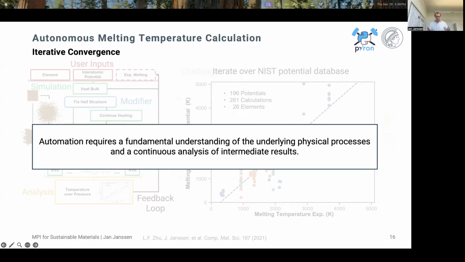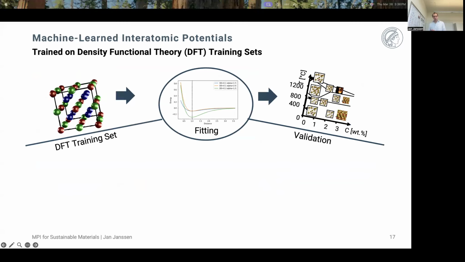work with. Now moving beyond just the classical interatomic potentials towards the machine learning interatomic potentials. The idea here is that we use quantum mechanical training data, so DFT data sets, and train these potentials on them to then calculate properties which are not accessible from DFT, like the calculation of the phase diagram shown here.